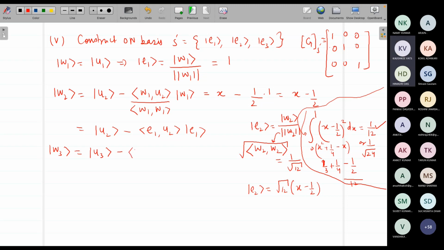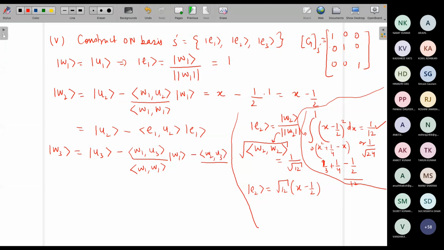First W1: U3 minus W1 U3, okay. And then W3 by W1, W1, W1, and U3 W2, U3 W2 over W2, W2, W2, right? And please do this as the homework exercise.